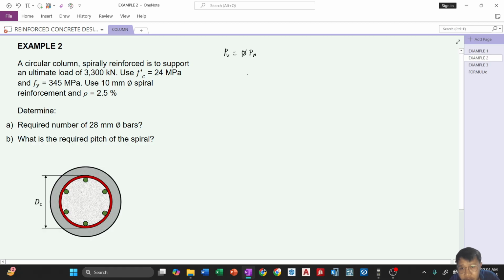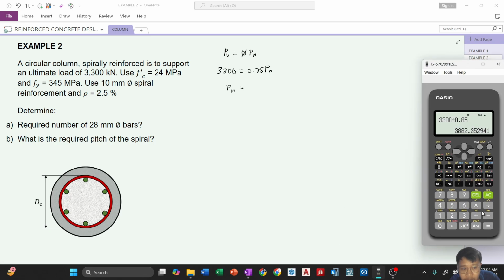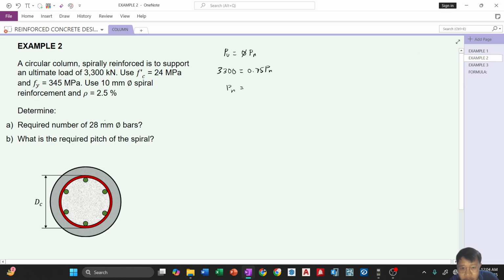Kanina 0.65 for tied, this time 0.75 naman na. So 3,300 is equal to 0.75 P sub N. Our P sub N here must be equal to 3,300 divided by 0.75, and this is equal to 4,400 kilonewton.